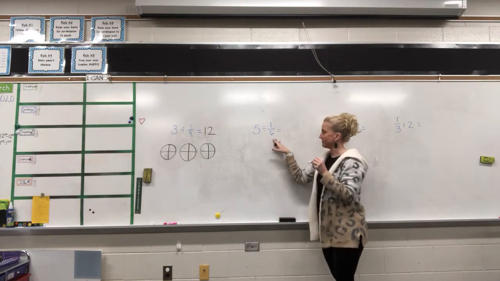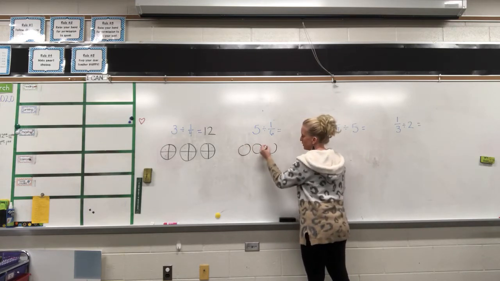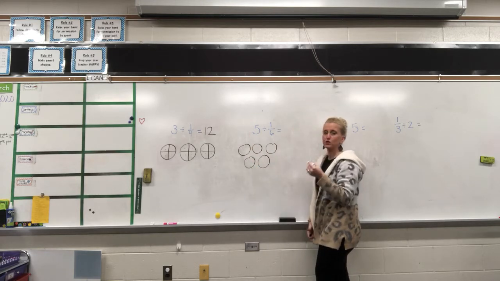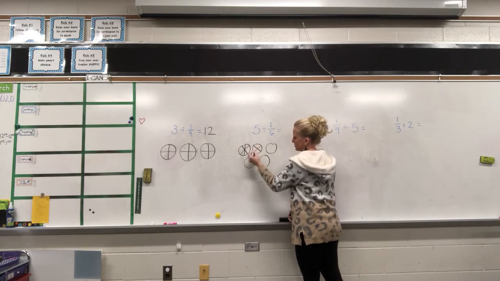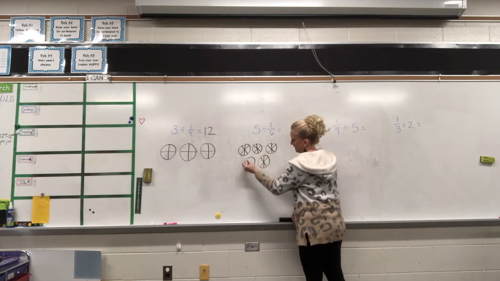And then if I have 5 divided by 1/6, now I'm talking 5 pizzas, and I'm splitting them into sixths. Split each one into sixths, and again, and again.